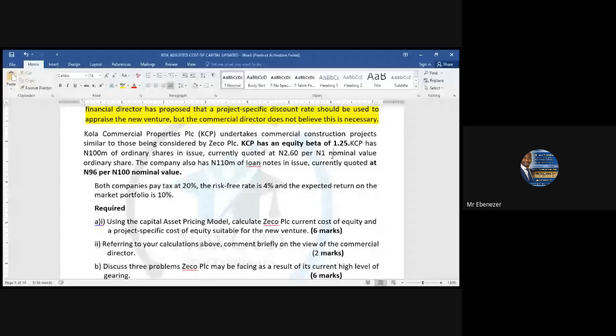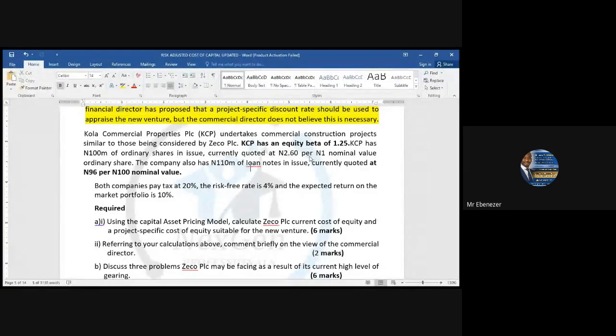That is how we usually calculate it: the value of ordinary shares divided by the nominal value times the market price. And we say the market price is ex-div. So definitely the currently quoted price given to us should be the ex-div.